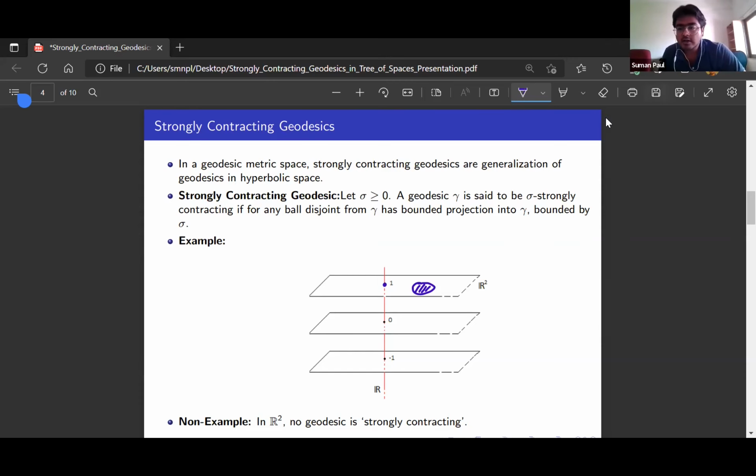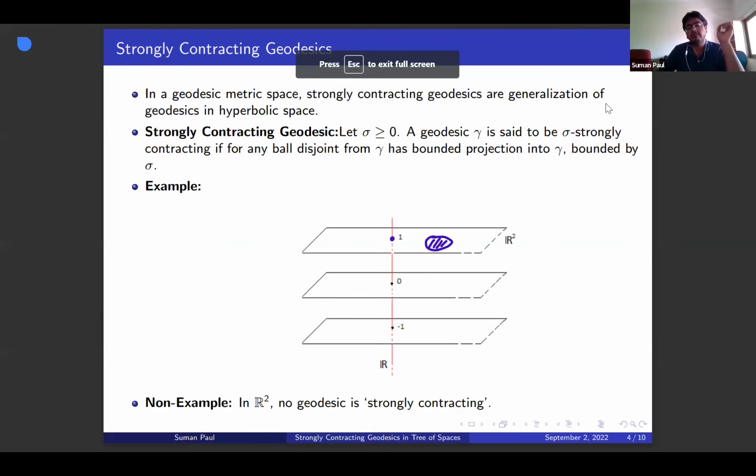So now, what is the motivation behind giving such definitions? The motivation comes from the fact that in a general metric space, we try to find some parts which look like hyperbolic metric space, and this is the starting point, right?